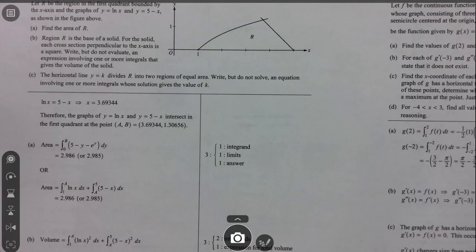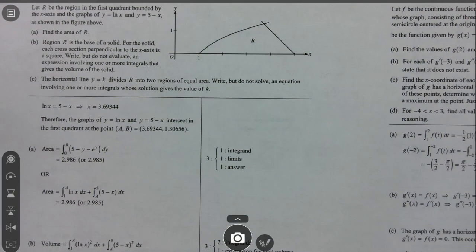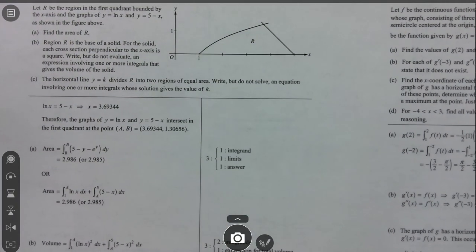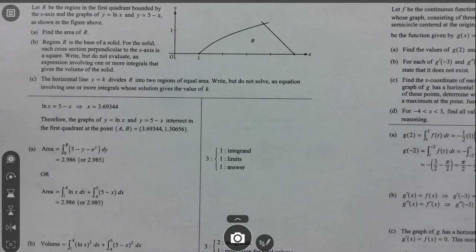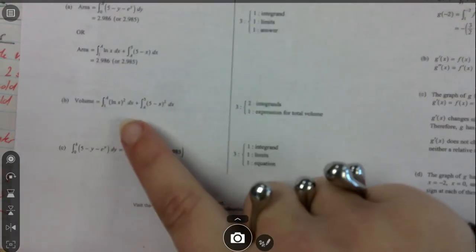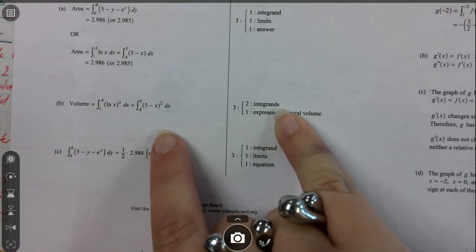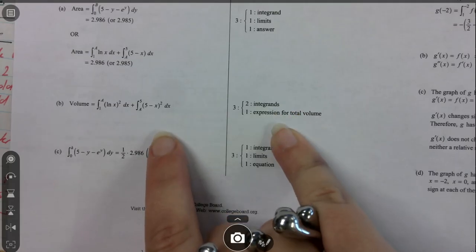Number B. Region R is the base of a solid. For the solid, each cross-section perpendicular to the x-axis, so we're cutting it this way, is a square. Write, but not evaluate, an expression involving one or more integrals that gives the volume of the solid. So if you wrote the integrand, that is 2 points.